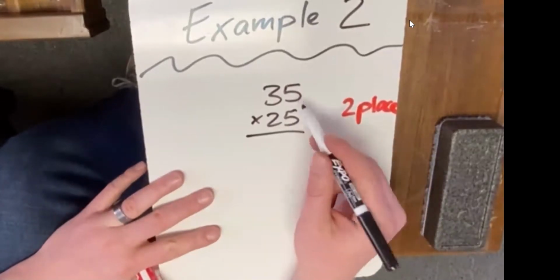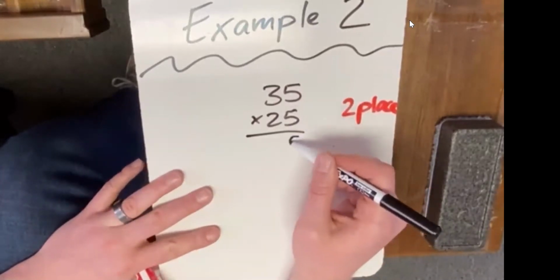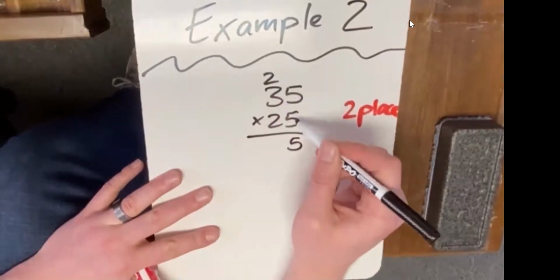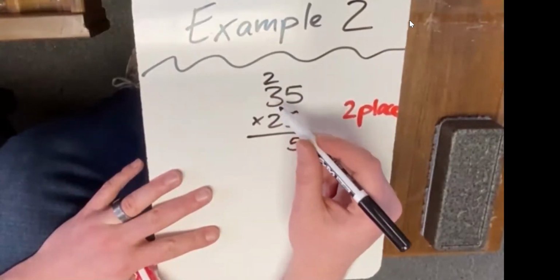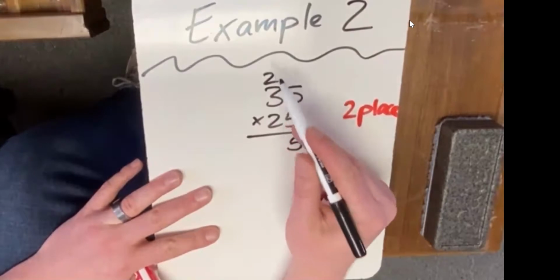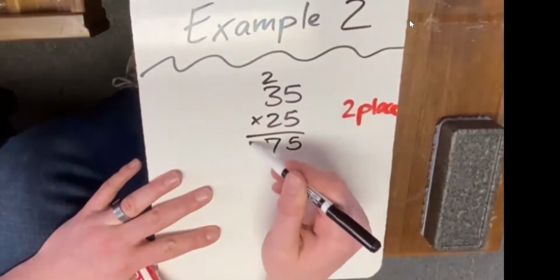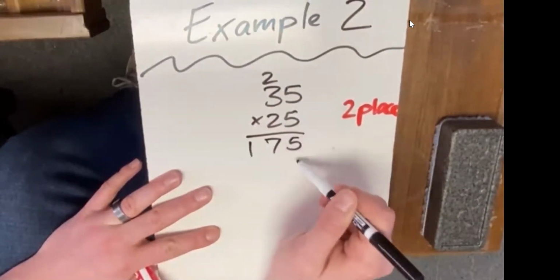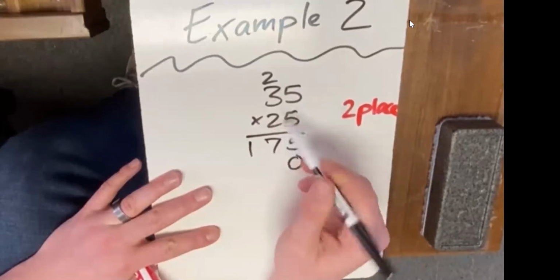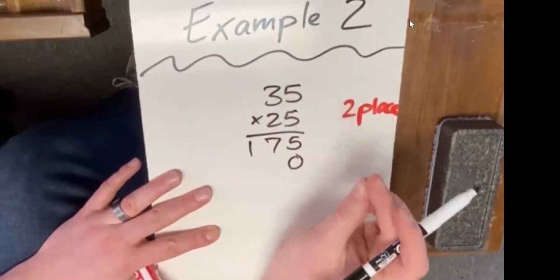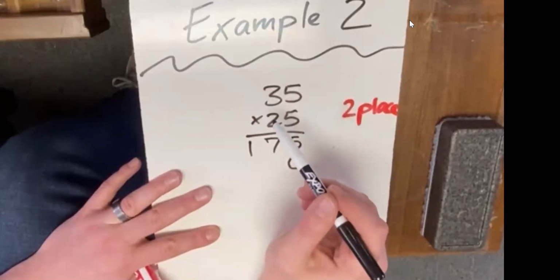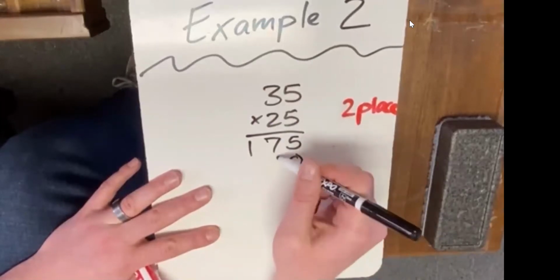Now my problem is just like the last problem. So I'm going to take 5 times 5, that's 25. 5 times 3 is 15, plus 2 is 17. Add a 0. Get rid of that 2 because I don't need it anymore. I'm going to take 2 times 5, which is 10.